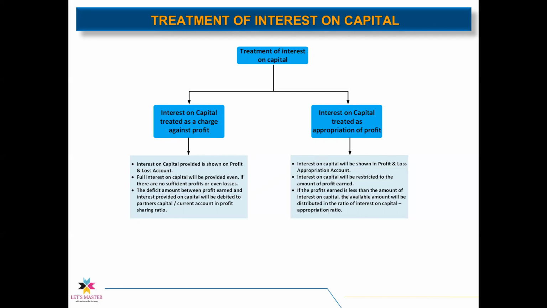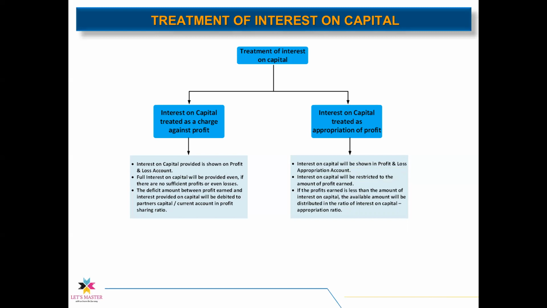First of all, here also remember, full interest on capital will be provided even if there are no sufficient profits, or even after providing for interest on capital, the firm runs in losses. That's fine.